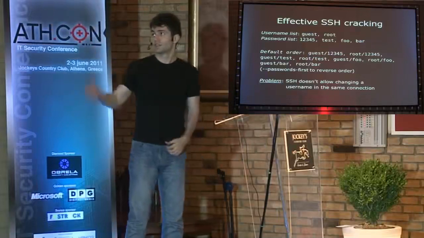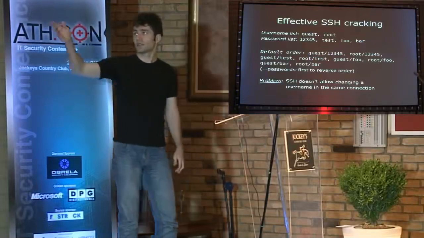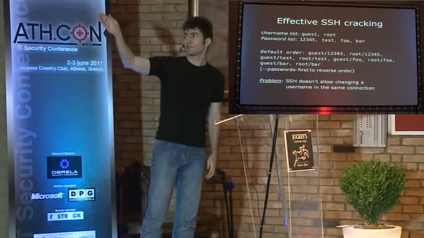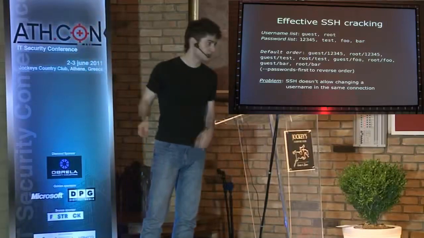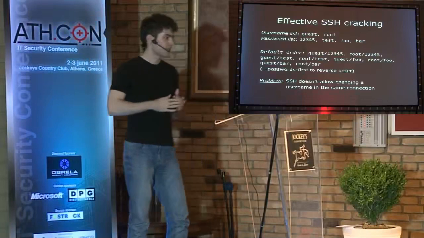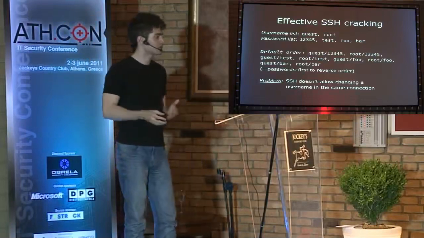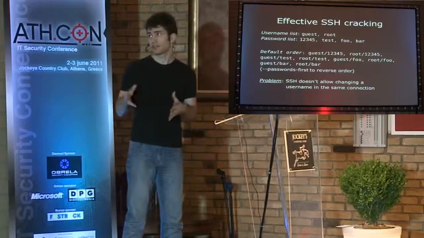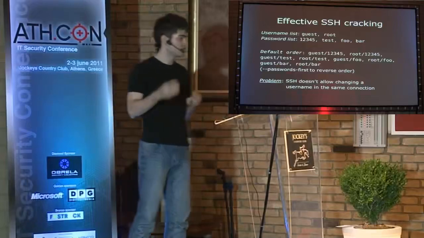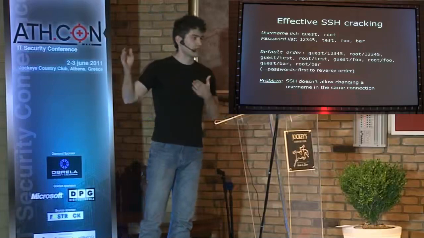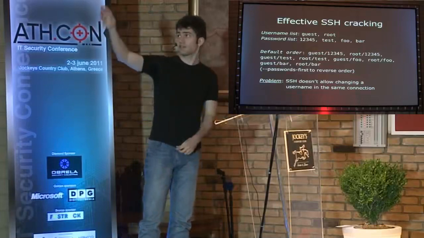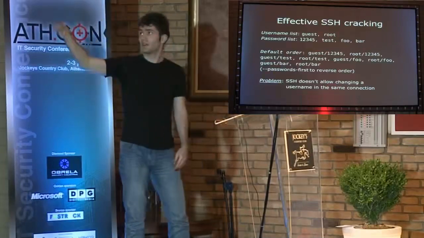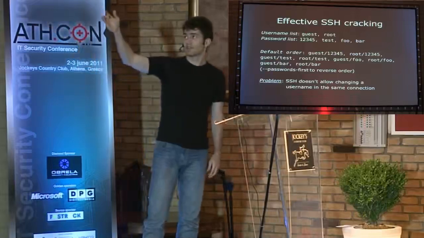The username list is guest and root, and the password list is 12345, test, foo, and bar. And most network authentication cracking tools do the opposite of what Ncrack does. Initially they iterate over the password list and then over the username list.